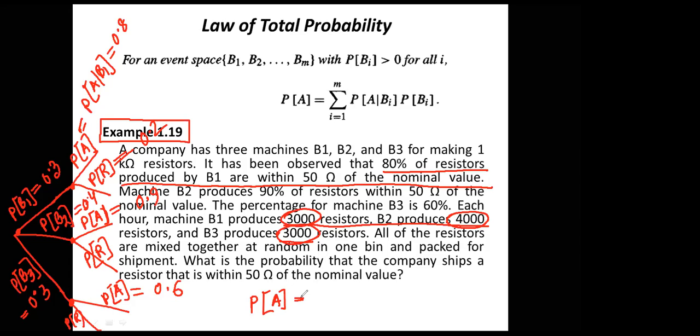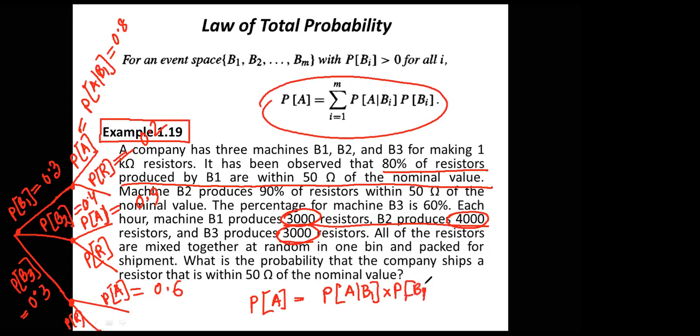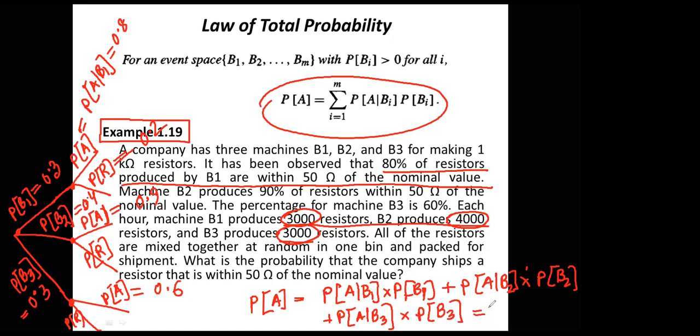From the equation of this one, we must know that this is the probability of A condition B1 multiplied by probability of B1, plus probability of A condition B2 multiplied with the probability of B2, plus probability of A condition B3 multiplied by the probability of B3.